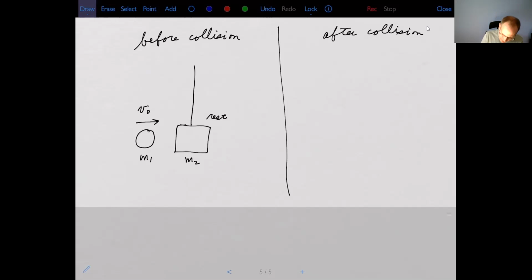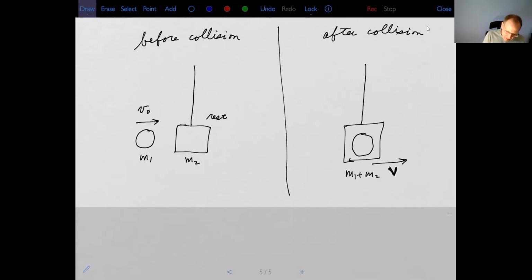And then after the collision, the ball embeds itself into the pendulum. So you can think of it as a ball-pendulum combination. Actually, now the mass is going to be m1 plus m2, because think of them combined now. And it's going to have a velocity, which we're going to call capital V, right after the collision.